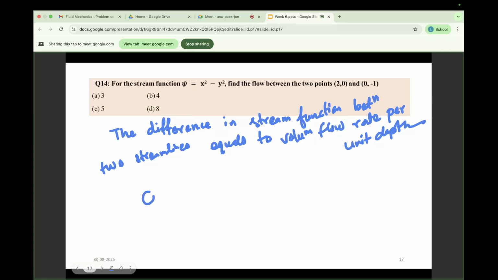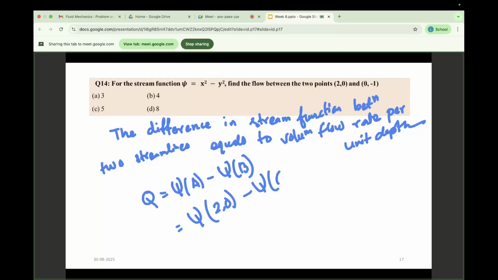So if Q is the flow, the 2 points are say point A and point B. The 2 points are given, right? So between these 2 points you have to find this.